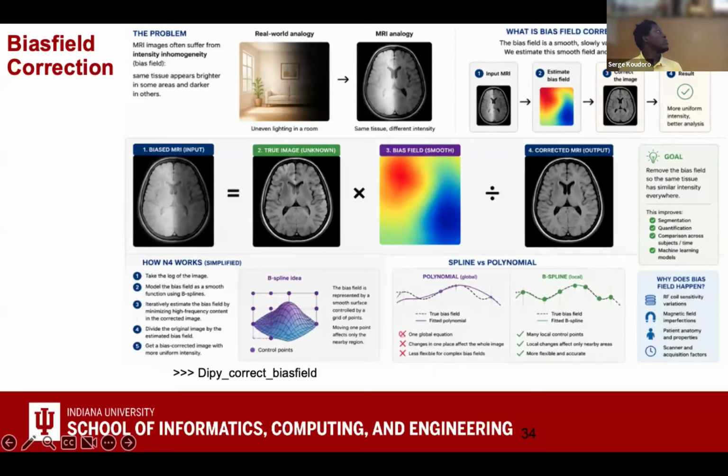You have N4, which is very well known and used everywhere. You can use a polynomial fit, so you take your signal and try to fit a polynomial, or you have the B-spline, which is the same principle, but instead of being on the whole image, you do it by neighborhood. All these three techniques work very well, knowing that N4 is much slower than the two others.